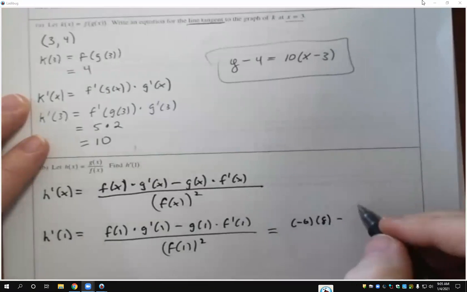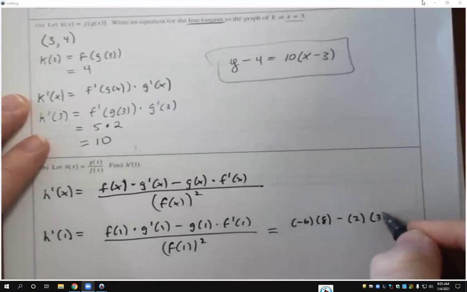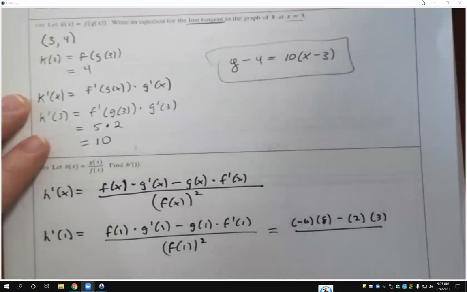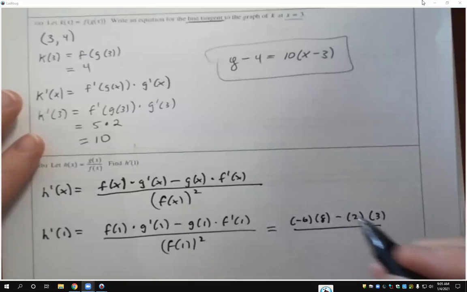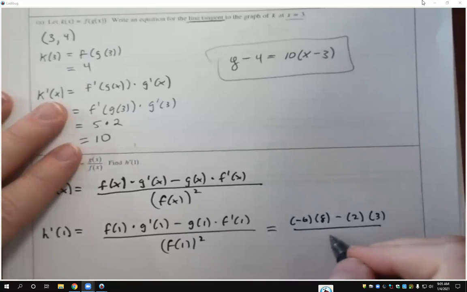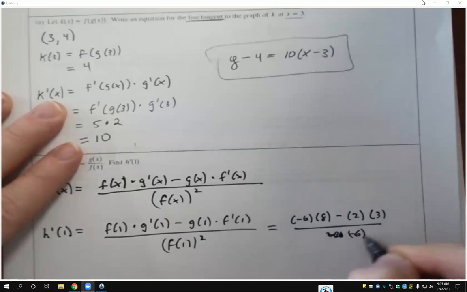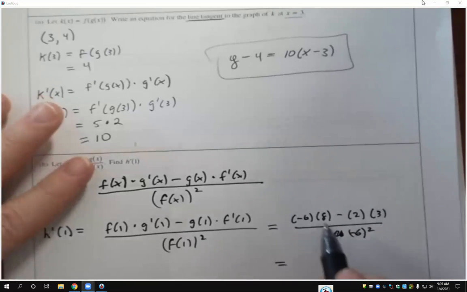Minus g of 1 is 2. Times f prime of 1, which is 3. And all over f of 1 squared. f of 1 is negative 6. Negative 6 squared is going to be 36.